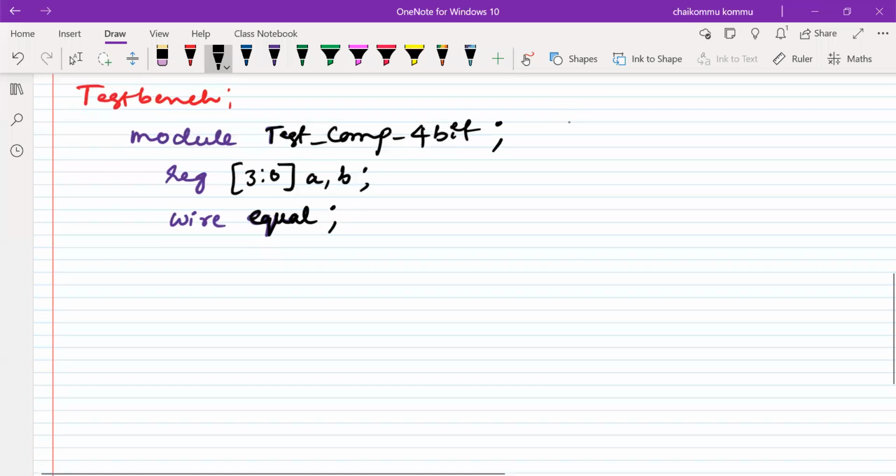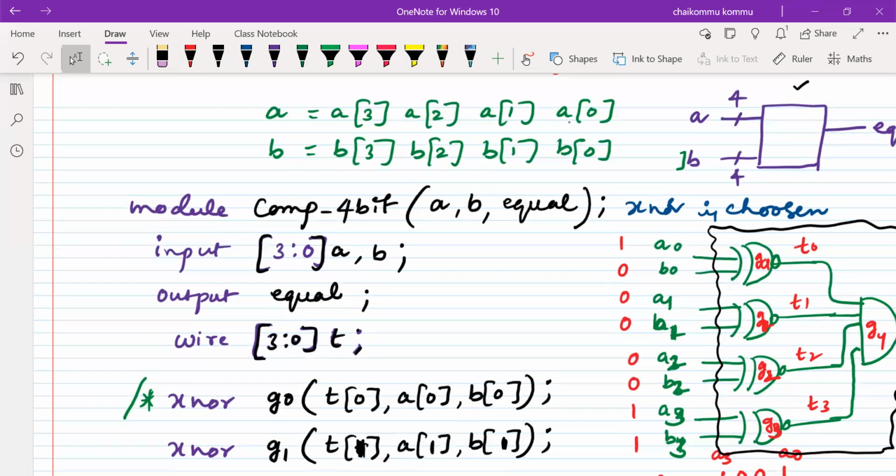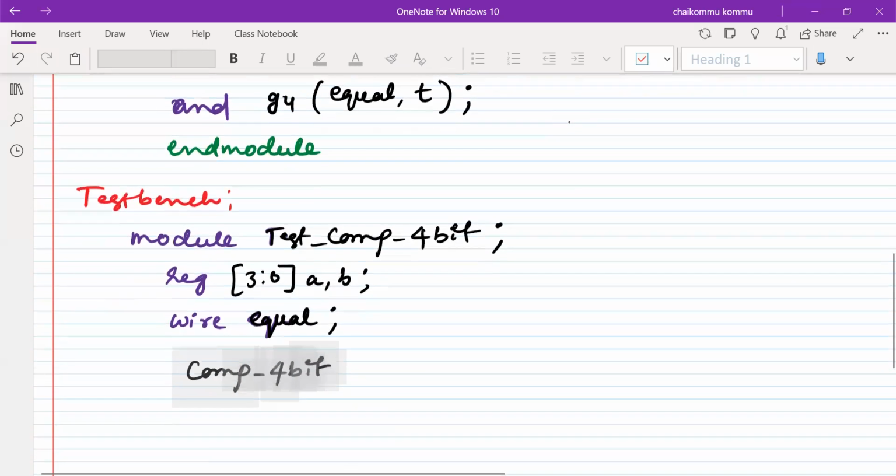Fine. Now I need to instantiate my component. Very important, don't forget: whatever name I wrote, the same way I need to copy, without any errors or differences. See here.